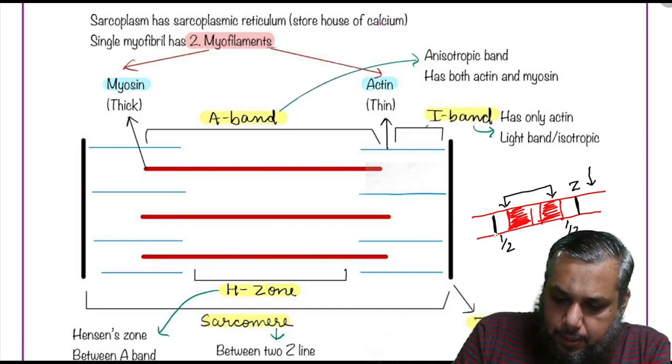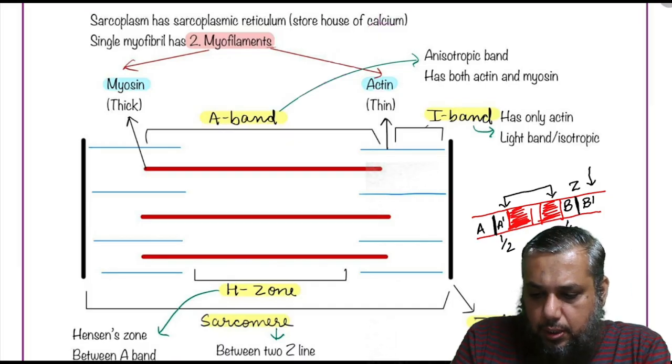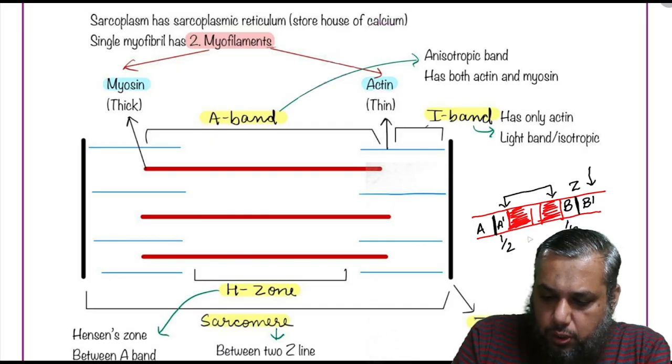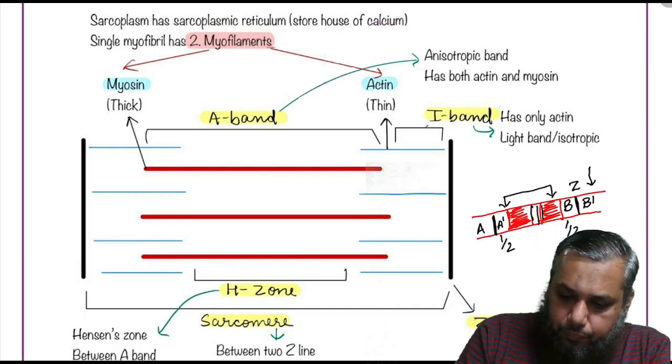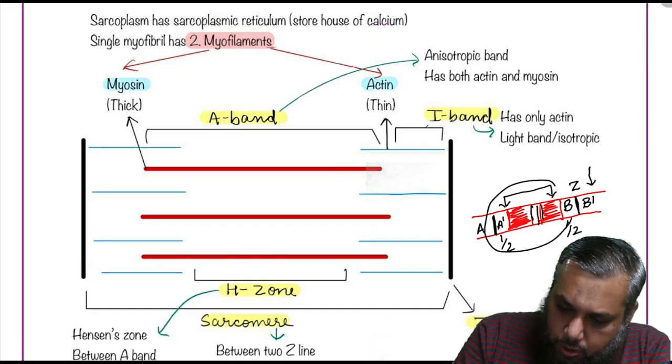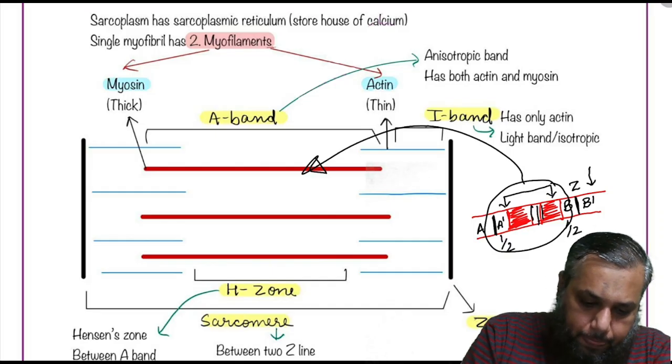So if I name this light band A and A dash and this one B and B dash, then this sarcomere has got a full dark band with an H zone and the M line, and A dash and B. And this same sarcomere we have magnified and shown here.